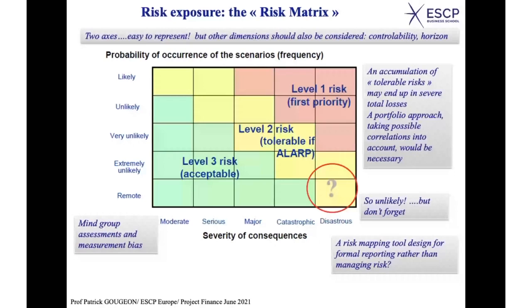So in the end, one of the major criticisms of this matrix, it's a risk mapping tool, which is very much used, but it's more for formal reporting rather than really managing risk. So it's always the same problem, a kind of bureaucratic approach to risk management. You want to describe the risk you are exposed to, so you have a nice map here, but this map may not be quite useful in terms of risk management, okay?